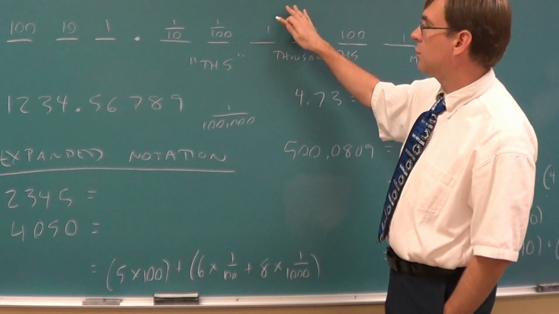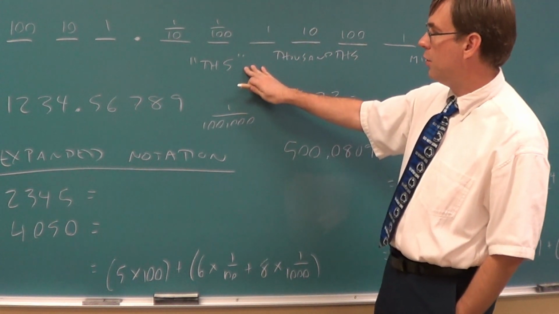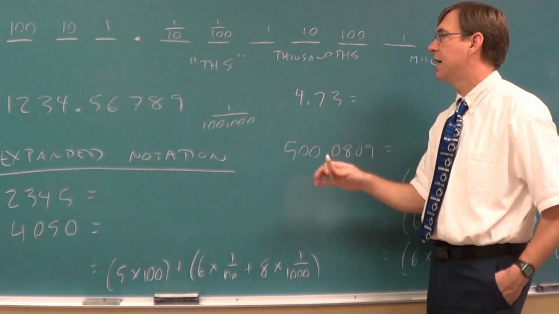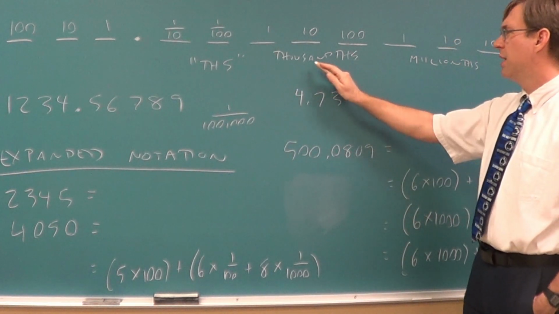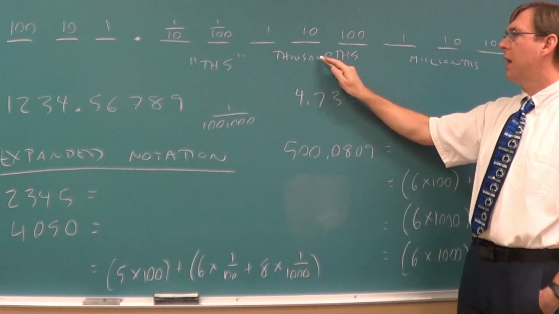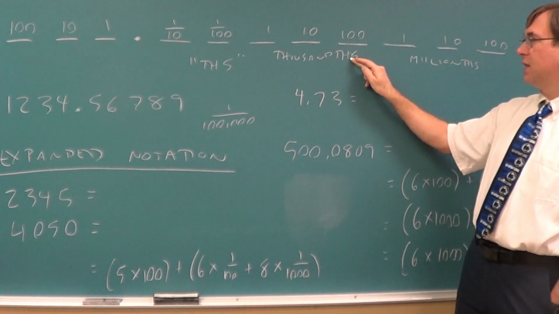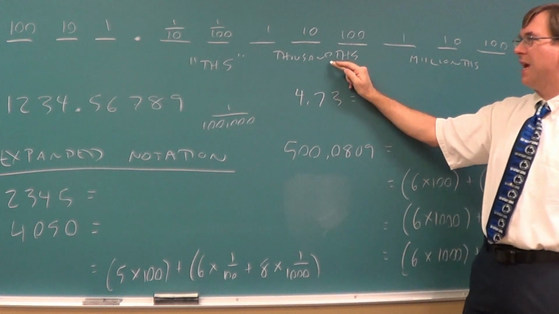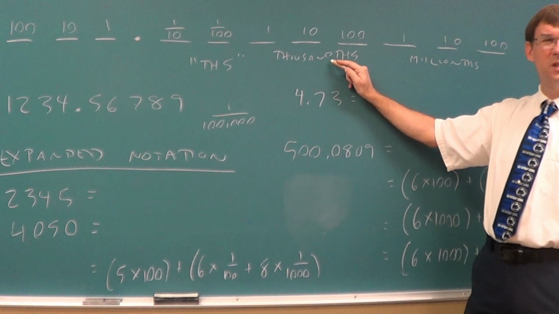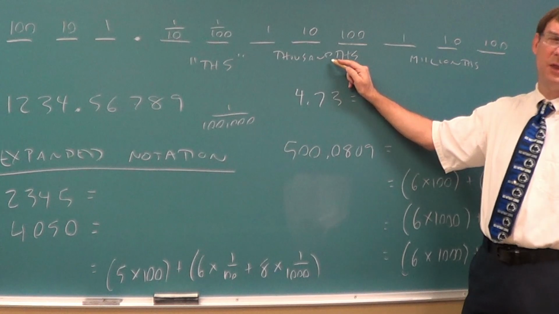Okay. After we get the decimal again, if we're saying them or spelling them, they have to end with THS. Also notice, if we're spelling it, you spell out the word thousand, including the D still, and then put the THS. Sometimes people say thousandths and you don't hear the D, but there is a D there.